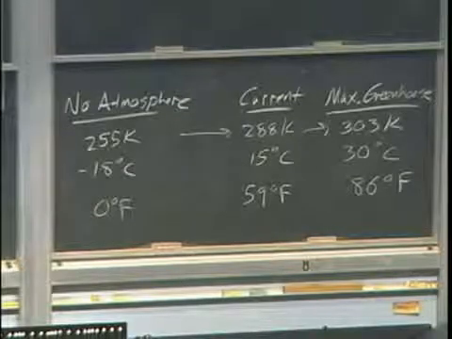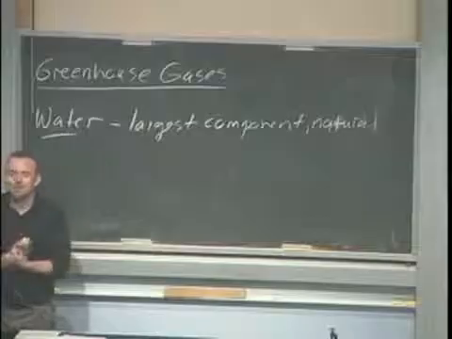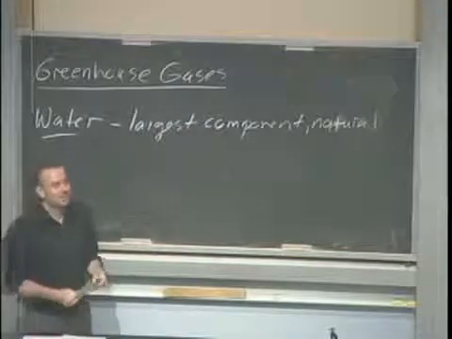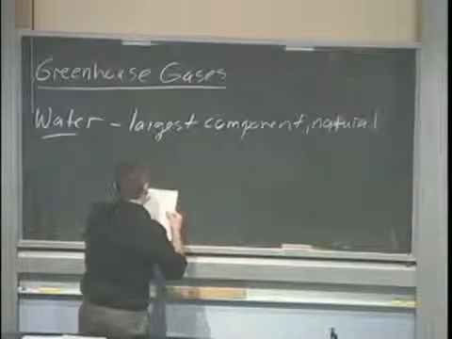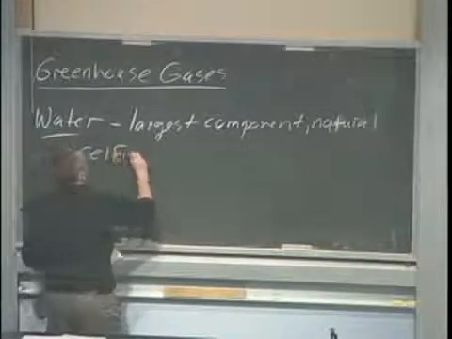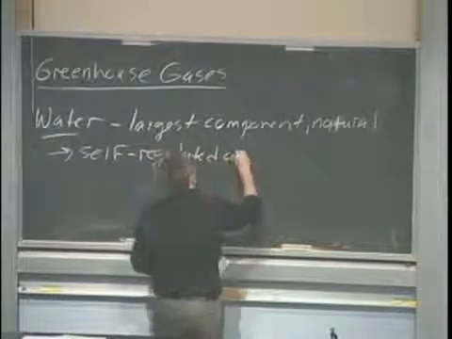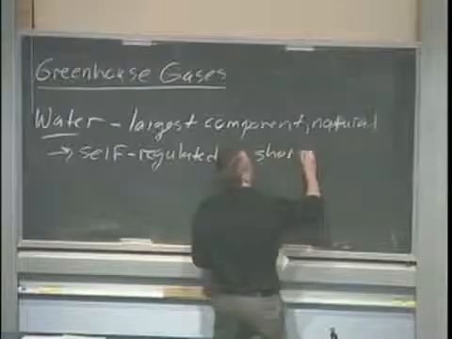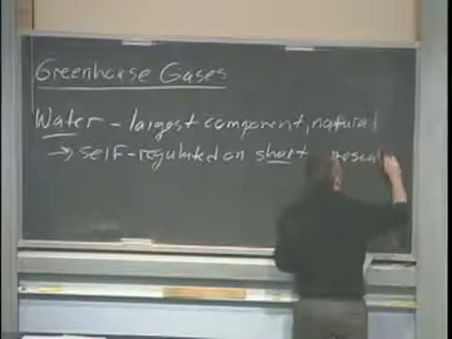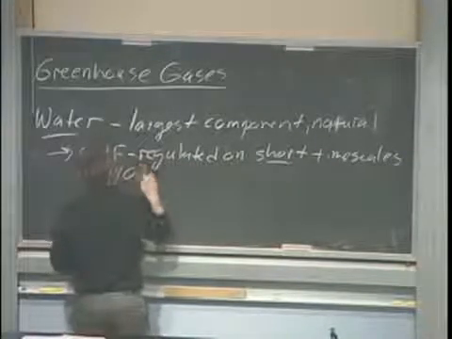The reason we don't usually talk about water when we're talking about global warming is because water is very well self-regulated in the atmosphere. It's self-regulated on very short time scales, on the order of 10 days.